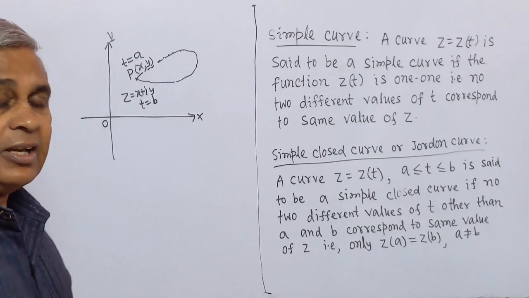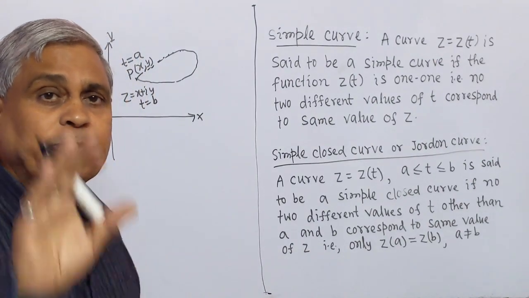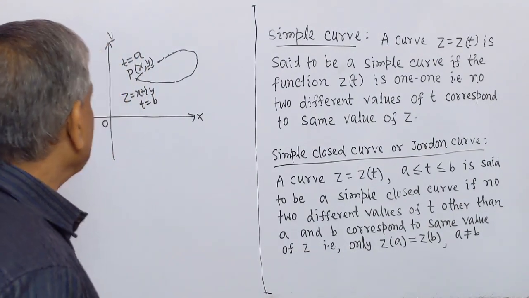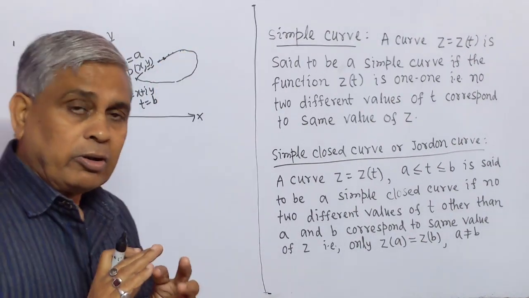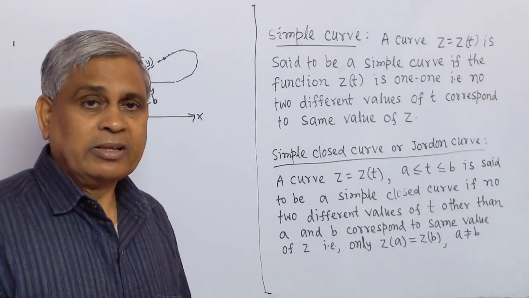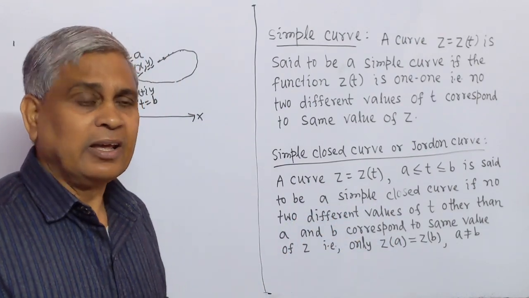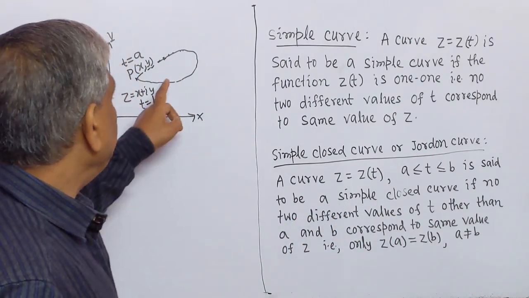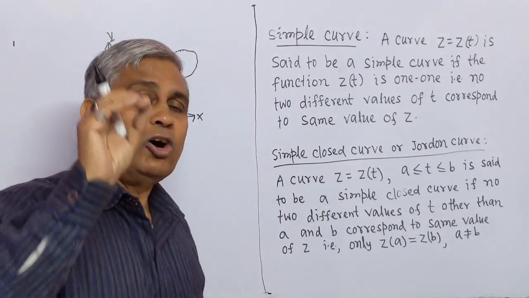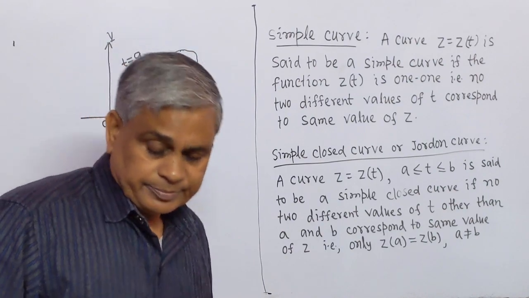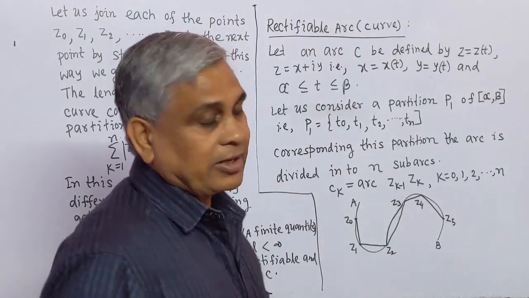That is, at the initial time and the final time the value of z will be the same, but other than this, for two different times the values of z are not equal, and this type of curve is known as a simple closed curve or Jordan curve. Now we define rectifiable arc or curve.